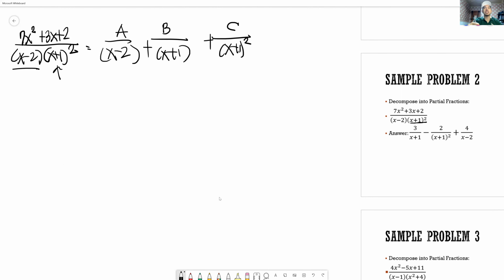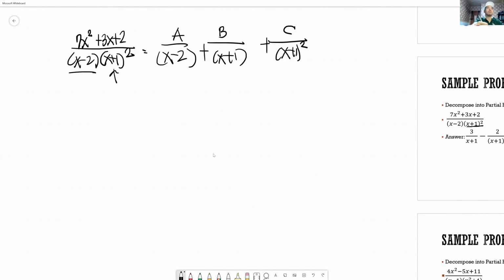So since this is the second time that it will be used. Okay. Now we're going to multiply. So just like what we did in the previous example, we will multiply everything by the least common multiple of the denominator. So that would be x minus 2, x plus 1 raised to squared. Okay. To form a single line equation.